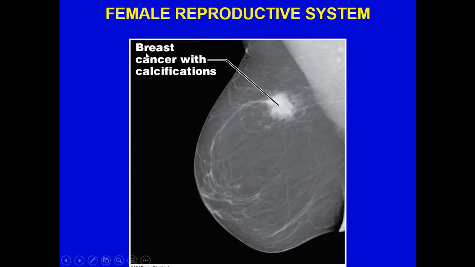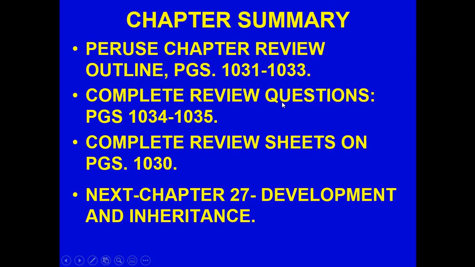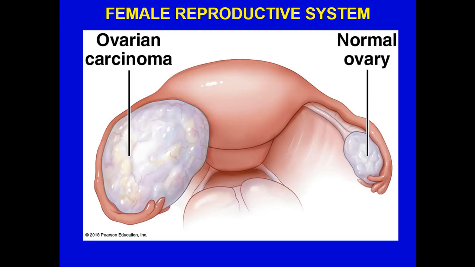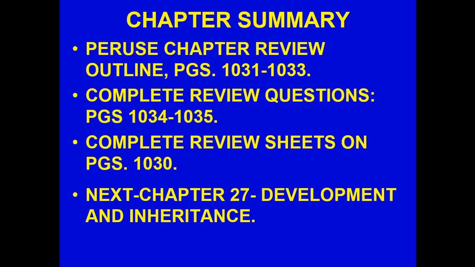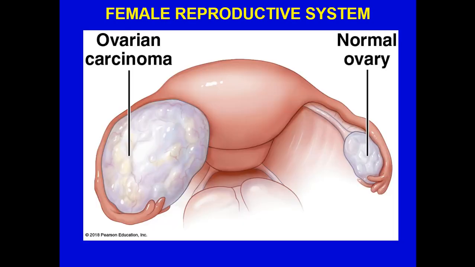Here is a situation where we have a breast cancer with calcification. In other words, as the cells have formed, they begin to form calcifications here. Sorry about that. So we have ovarian carcinoma. This is the size of a normal ovary, and what has happened is there is a cancer inside of this ovary.